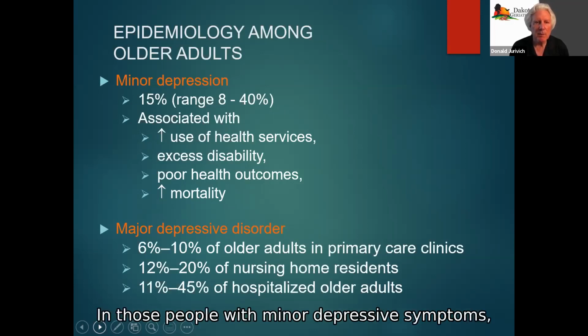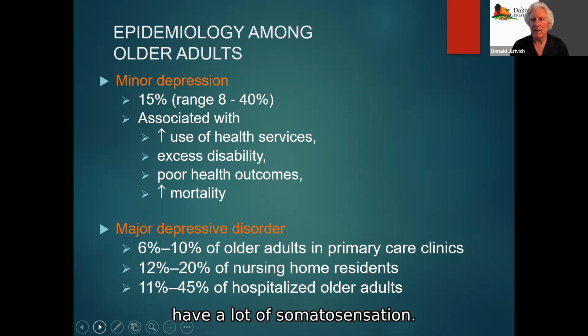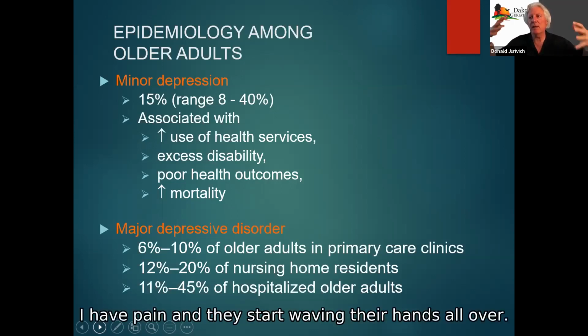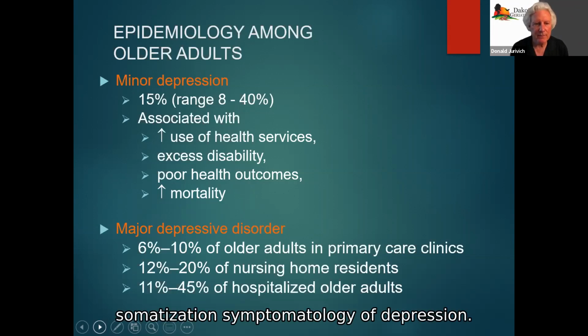And those people with minor depressive symptoms still use healthcare services a lot more. And what we'll see is that they have a lot of somatization. They'll talk about, oh, doctor, I have pain. And they start waving their hands all over, right? And so that's part of what we call the somatization symptomatology of depression.